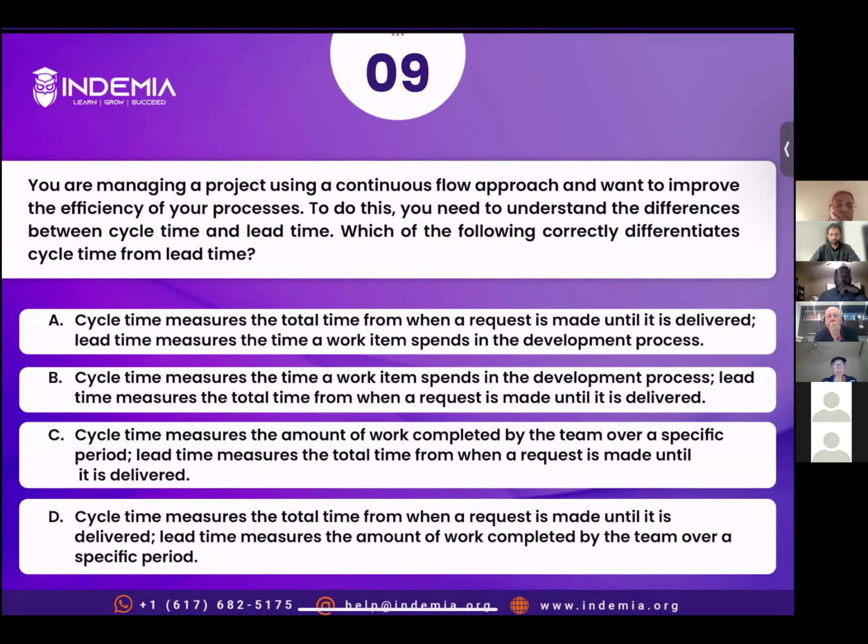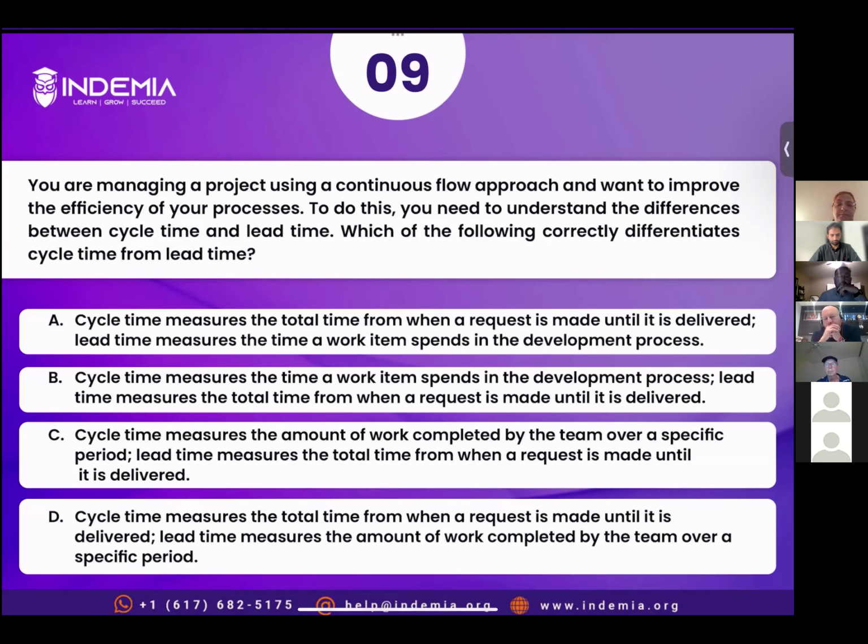All right, Mohan, you have chosen option B. As far as I remember, cycle time is basically when the work starts, and it's in those columns where you have initiating work, in process, and work done.